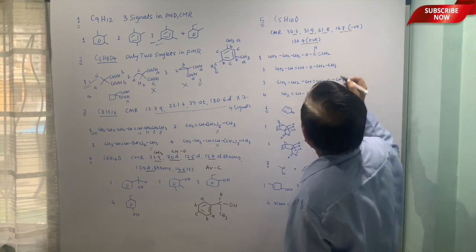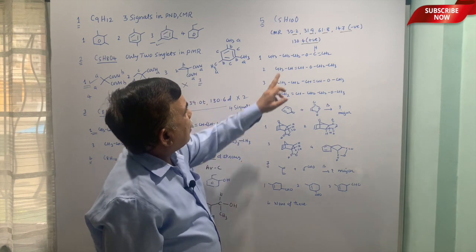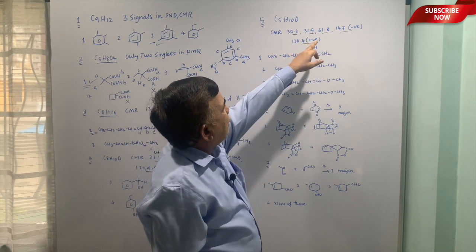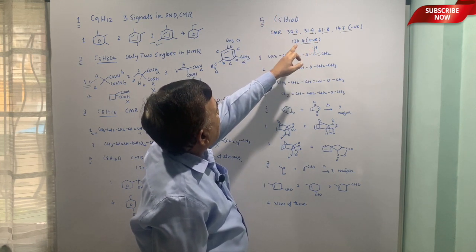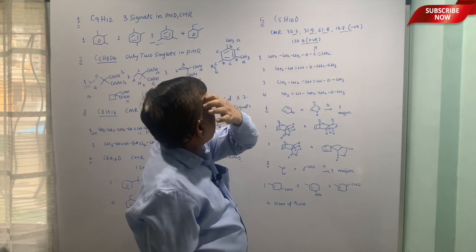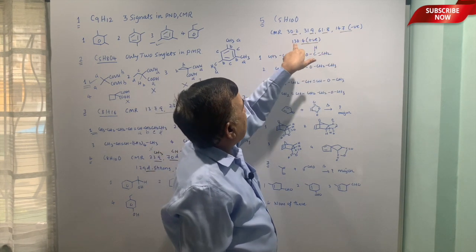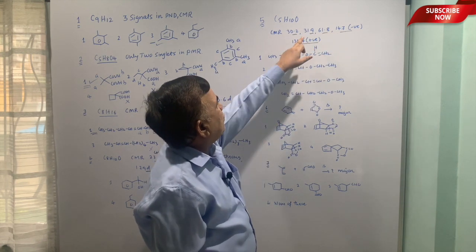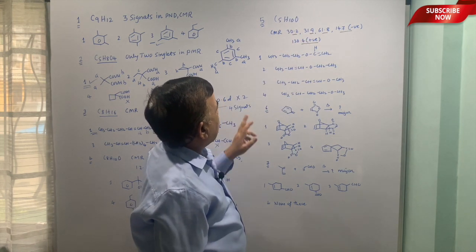So if you check these values, 61.8 is methylene. Actually this DEPT 1, DEPT 2 should be there, but only this data is given. So on the basis of this, these two you can say that these are olefinic carbons. This is maybe OCH2 more probably, and then this may be CH3 and this is CH2.